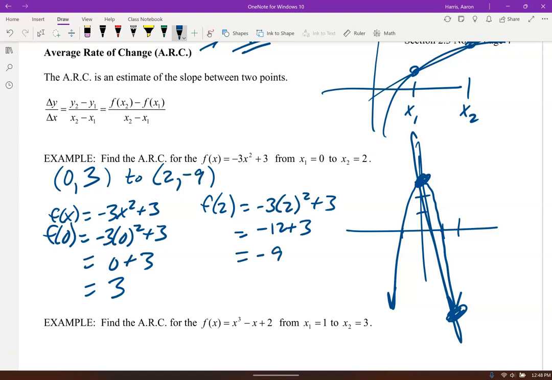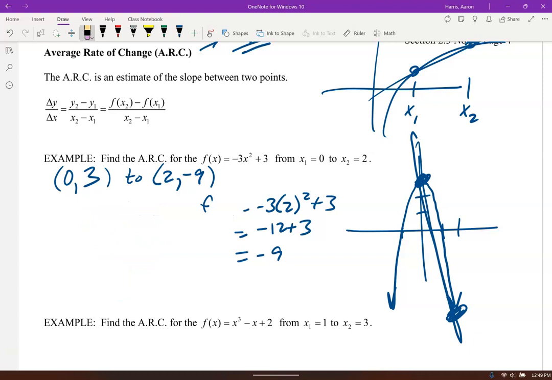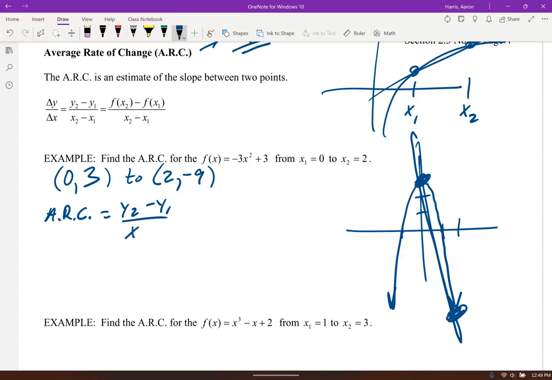Okay, now I have my 2 points. Find your average rate of change. Find your slope. So, average rate of change is y2 minus y1 over x2 minus x1, or f of x2 minus f of x1 over x2 minus x1, same thing.